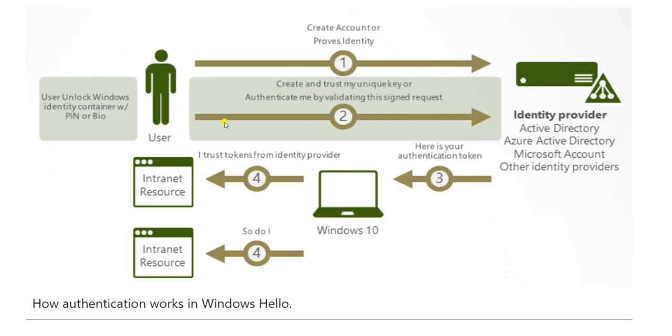When you log in to your device with your PIN or biometric, it creates a unique trust, authenticating by validating this signed request. Then it goes to Azure AD, Azure AD provides an authentication token, and your device gets logged in. That is the flow of how Windows Hello works.